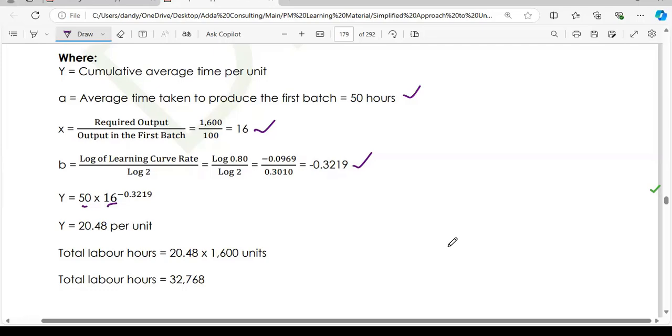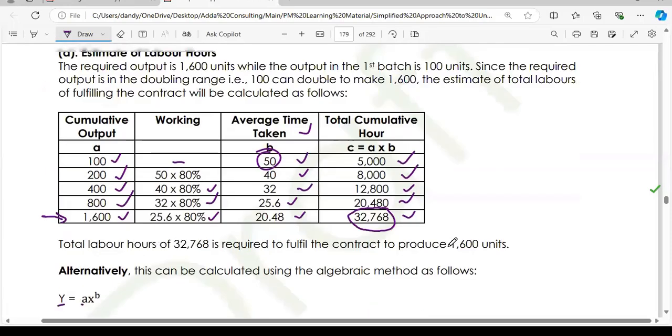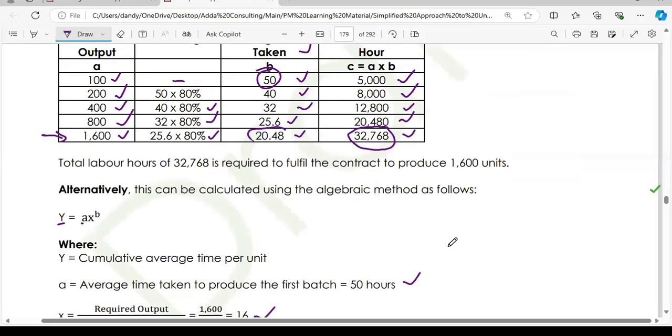When you use your calculator, the cumulative average time taken to produce the 1600 per unit is 20.48 hours per unit, which is the same thing as what you have in the table.